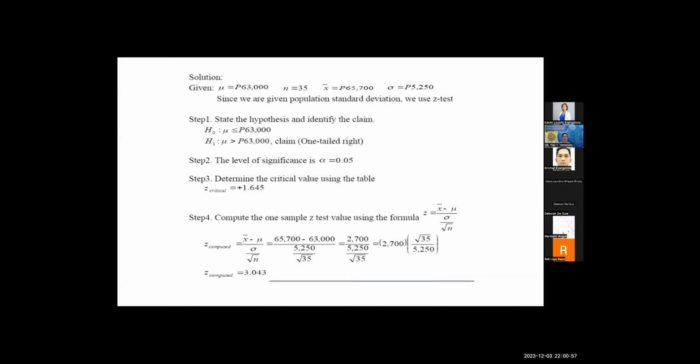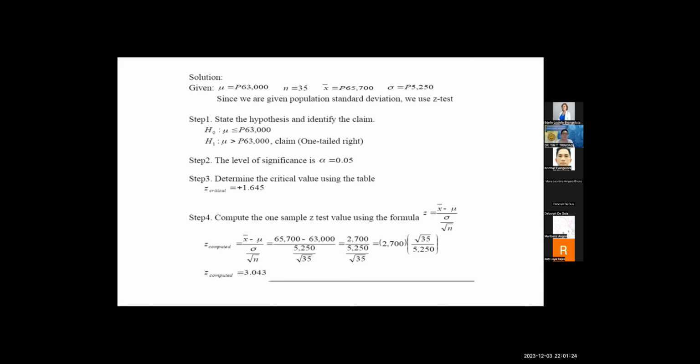So with the use then of the t-table, although I'm very sorry also, Doc, hindi po talaga ako techie, I failed to insert the table na ginamit ko. Basta here, we have the level of significance na 0.05 and we have the degree of freedom 30. With those given values, we were able to compute using the t-table.